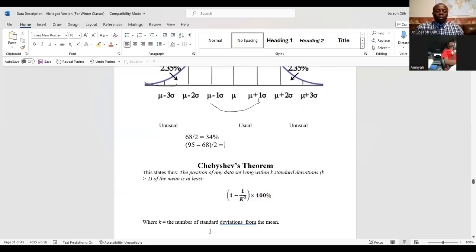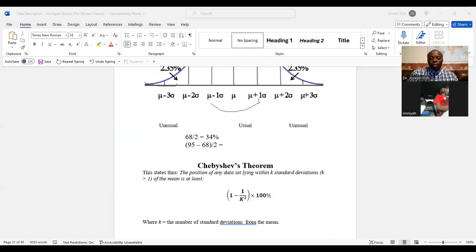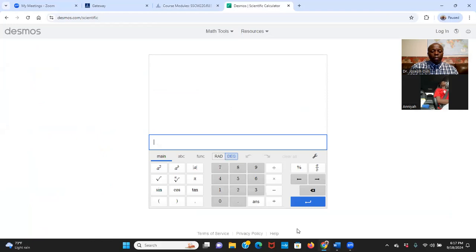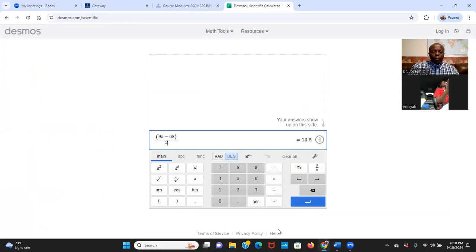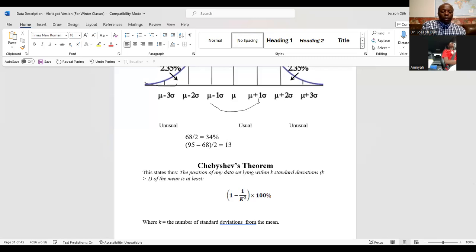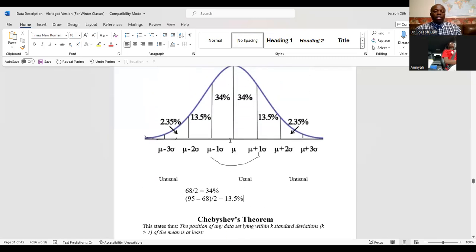Let me use the calculator. 95 minus 68 divided by 2 gives me 13.5%. 13.5% on both sides, which you can see here on the left side and on the right side. And that is for two standard deviations of the mean.